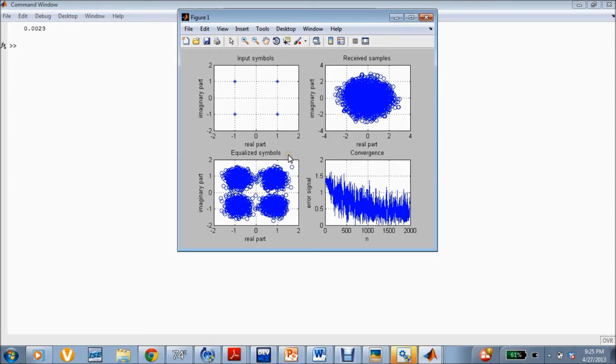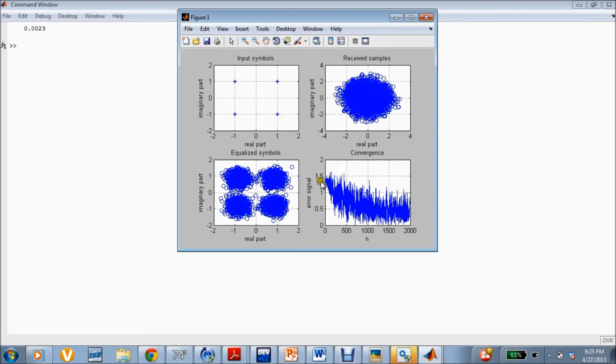So the value 0.0023 basically represents the symbol error rate, and the input symbols are clear as dots here on the left side of the graph, and the right side of the graph here represents the distortion caused by the channel, and this is the transmitted symbol, and after equalization it gets like this. So this transmitted symbol is converted into a similar fashion as the input symbols.